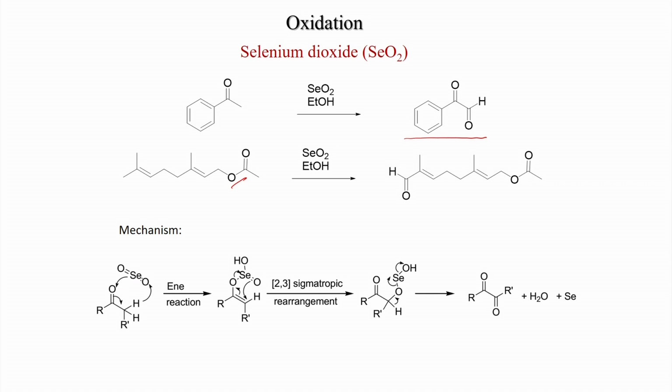So the selenium reacts with the carbonyl and the hydrogen goes to the oxygen, and you get an oxygen-selenium bond. Again a 2,3 sigmatropic rearrangement generates this one. This oxygen now reacts here and you get an O-selenium bond breakage, so this bond is broken to make another O-selenium bond.